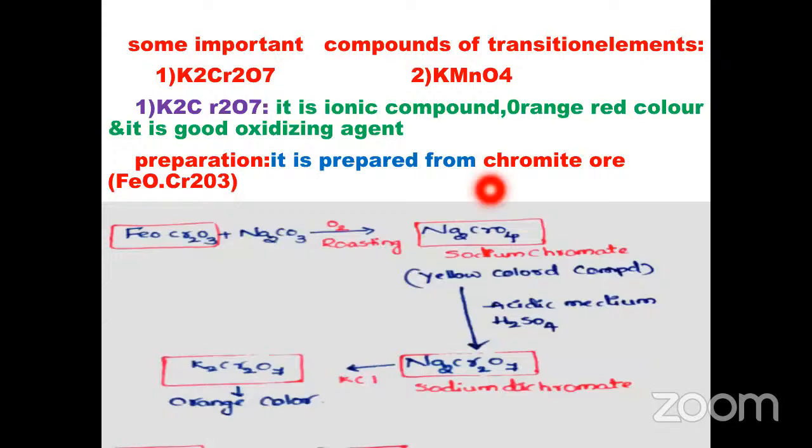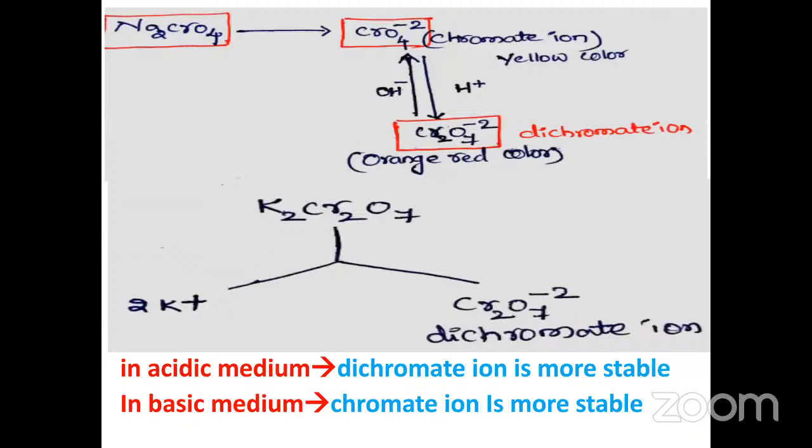This sodium chromate, Na2CrO4, dissociates into Na plus ions and CrO4 2 minus ions. It is called the chromate ion. It is yellow in color. In acid medium, it forms the dichromate ion, which is orange in color. So the chromate ion, yellow, in acidic medium converts to the dichromate ion.